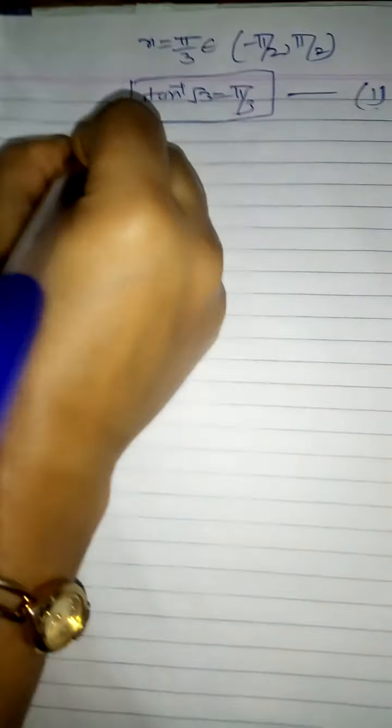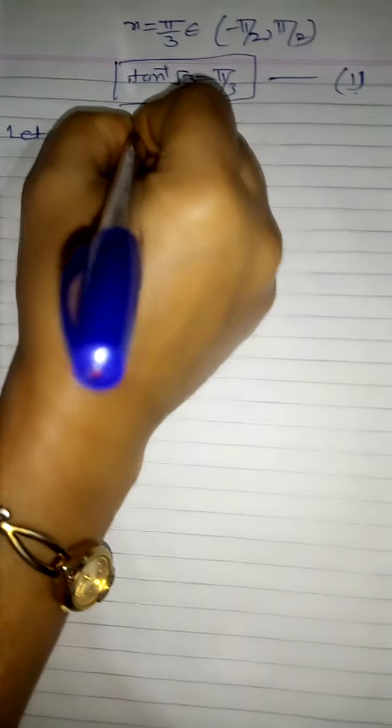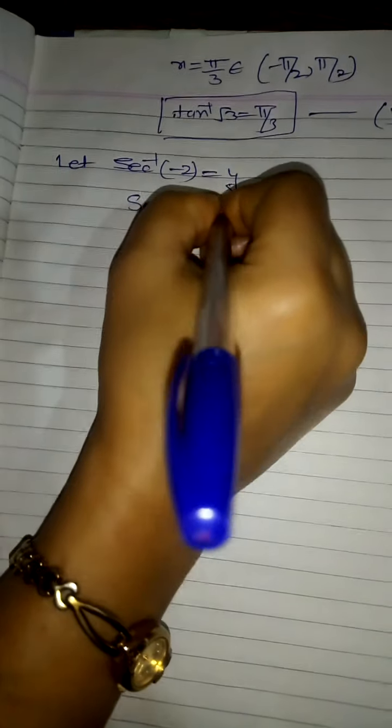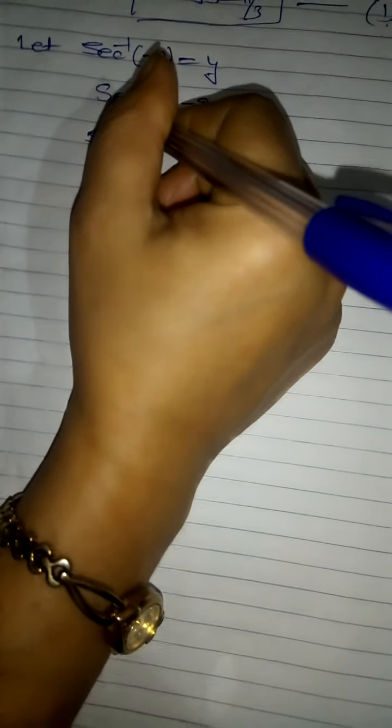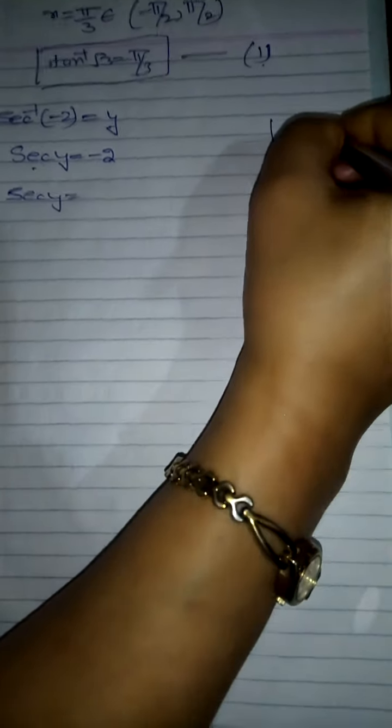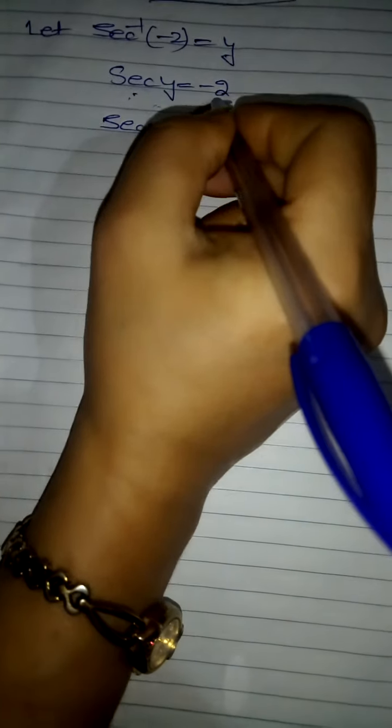Similarly, find the second one, that is sec inverse minus 2. Let sec inverse minus 2 equal y. So sec y equals minus 2. You know that sec is the reciprocal of cos, and cos x is equal to 1 by 2 at pi by 3, which means 60 degrees.